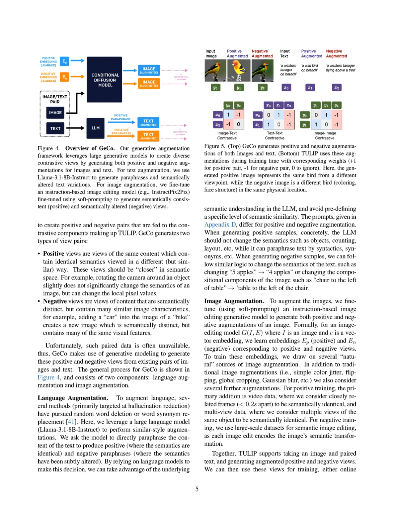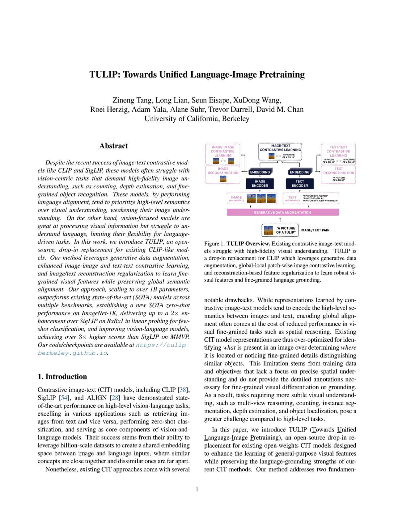Lastly, TULIP incorporates a generative data augmentation strategy called GeCo, which generates semantically equivalent and distinct augmentations using large generative models, creating both positive and negative view pairs that enhance the model's ability to learn nuanced visual semantics. Together, these components enable TULIP to outperform existing models in various vision language tasks.